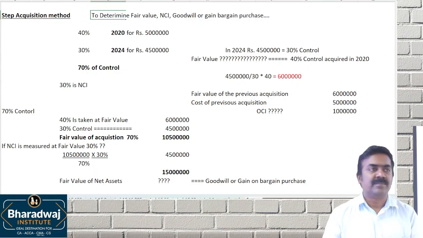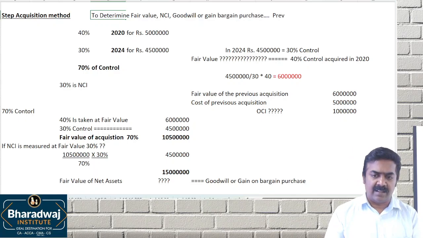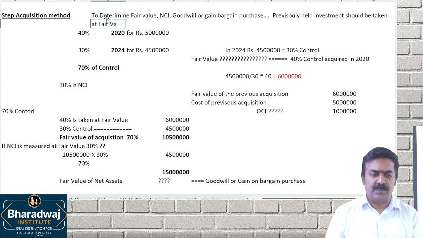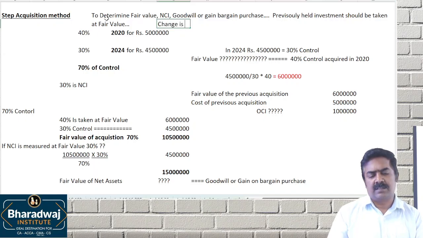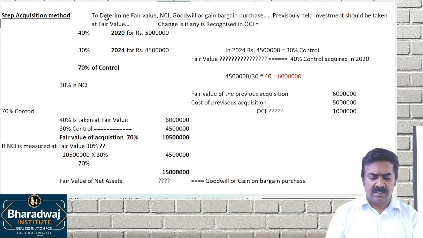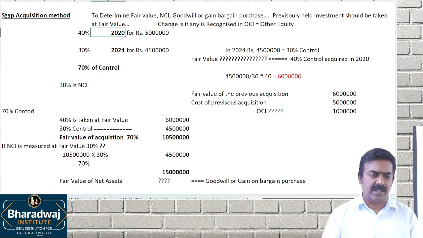Previously held investments should be taken at fair value. Change, if any, in other comprehensive income will be reported as other equity. Other equity is nothing but reserves and surplus in the balance sheet.